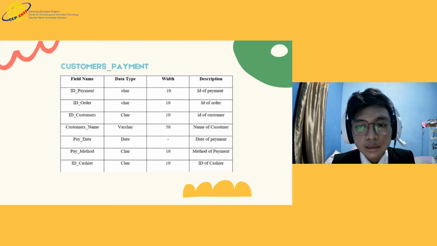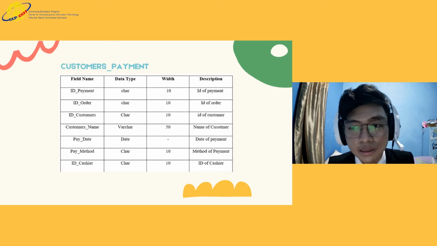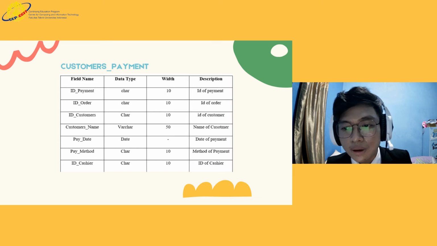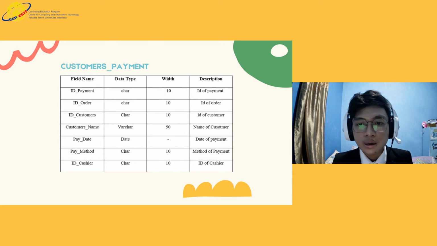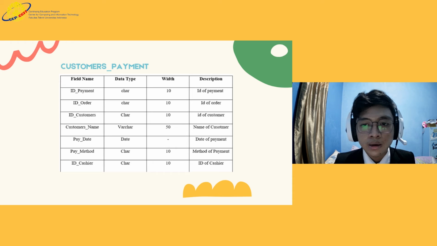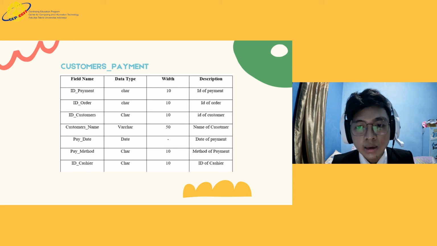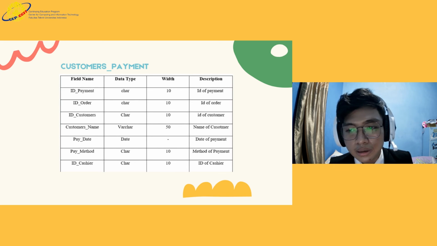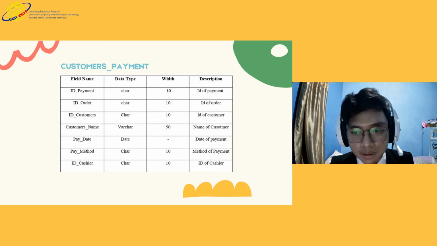And in customer's name, we use varchar, and the width is 50, and the description is name of customers. Okay, and then pay date. In pay date, we use data type date, and the width is null, and the description is date of payment.